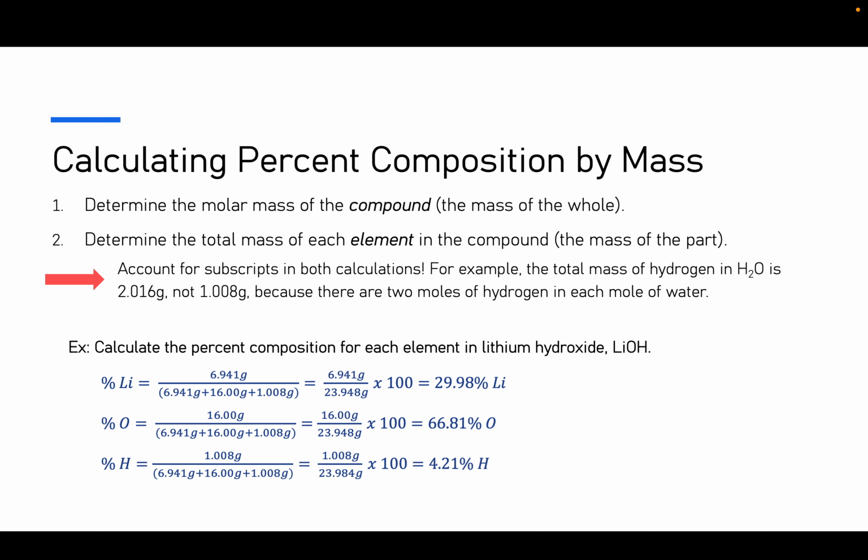And then the denominator is the total molar mass of the compound, which you get by adding up all of the components, right? After you have simplified and multiplied by 100, you get the percentage each of lithium, oxygen, and hydrogen. So the math is pretty straightforward. It's just a percentage. You just have to remember that that's what you have to do.